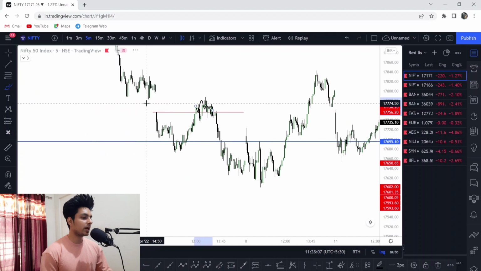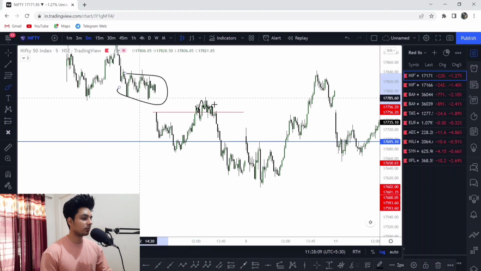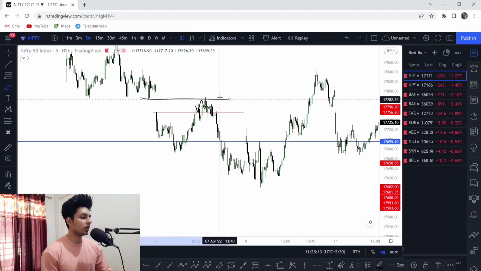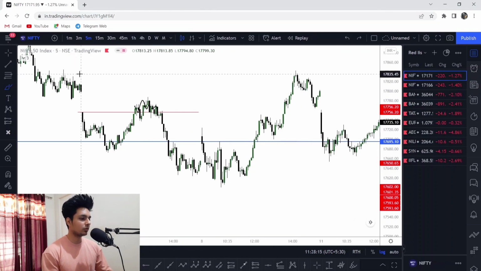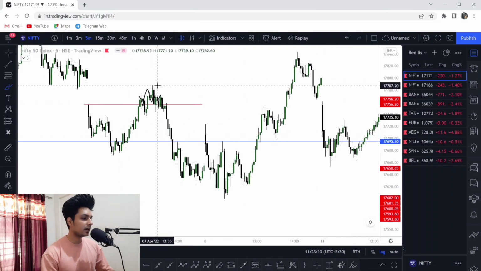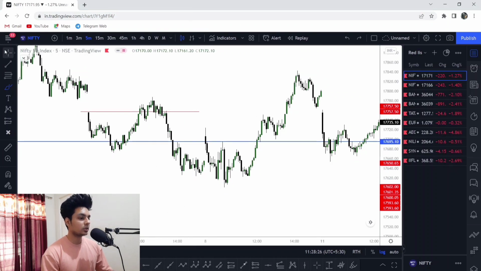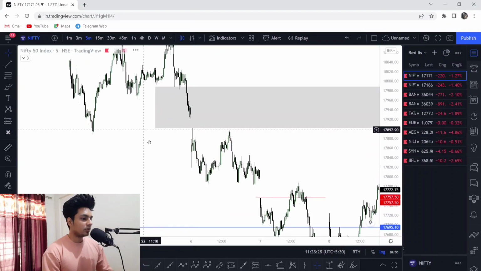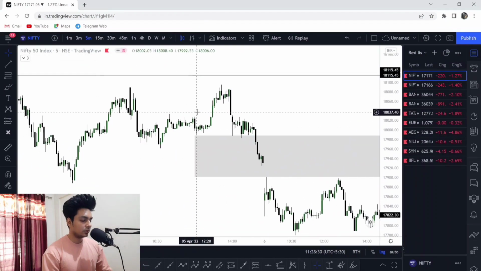If your bias is bearish, and you feel that this is your supply zone, or whatever the analysis you do, because this is a supply zone for me, and if the price creates some distribution setup around this area, this is where you can go short. Okay, so let's have a look at any more examples if we have.